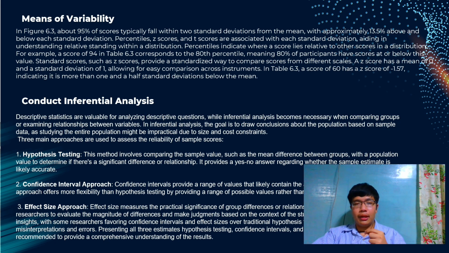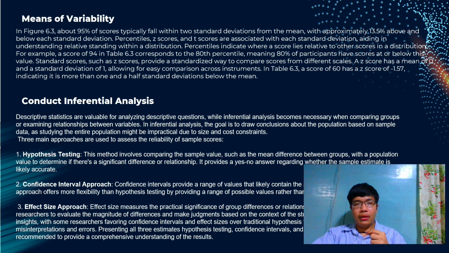Percentiles indicate where a score lies relative to other scores in a distribution. For example, a score of 94 in table 6.3 corresponds to the 80th percentile, meaning 80% of the participants have scores at or below this value.